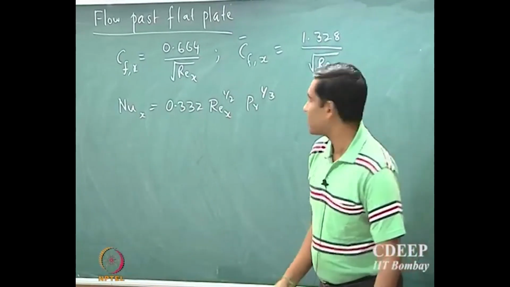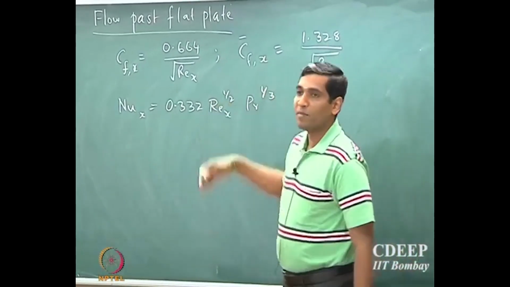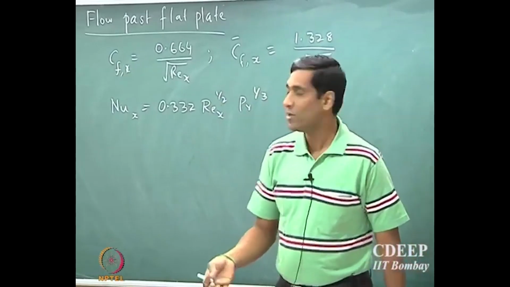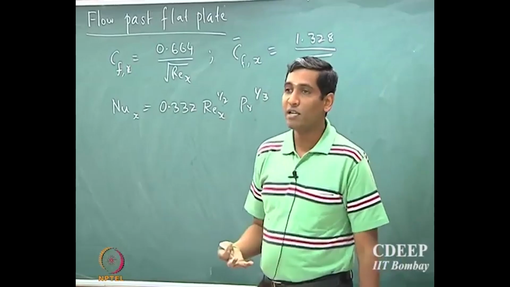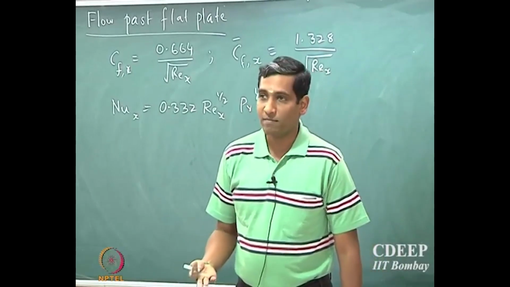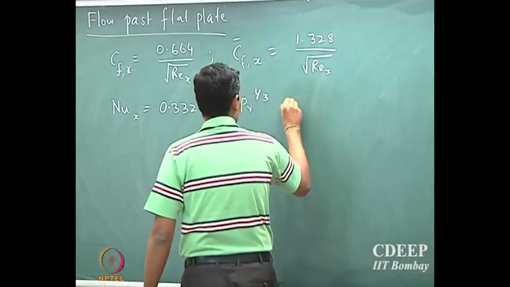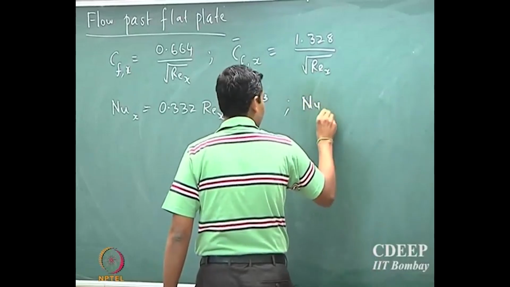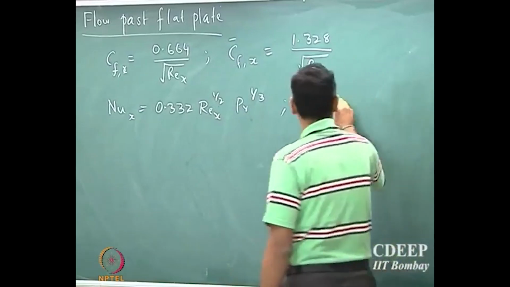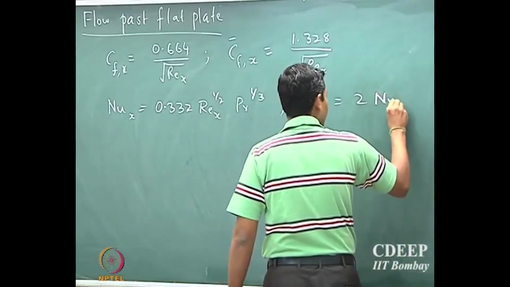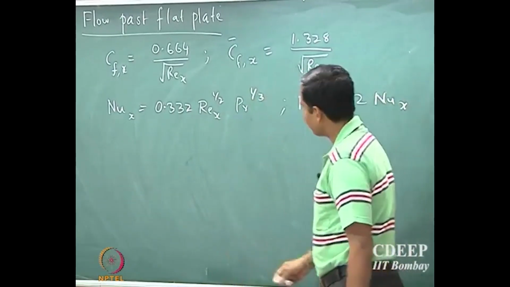Okay. And the power of Reynolds number comes from the scaling arguments, and the Prandtl number to the power of 1 by 3 comes from the gradient at the boundary. Okay. And so from this you can see that the average Nusselt number till any location is given by twice that of the local Nusselt number.